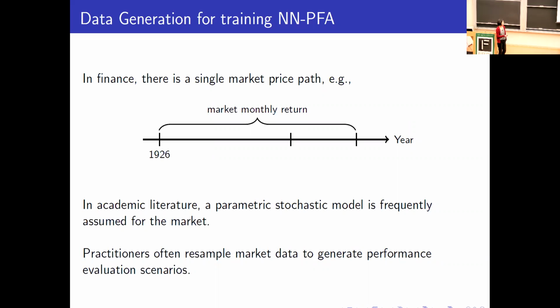So in the academic literature, we look at this optimal control problem, and typically we assume a parametric model, for example, some kind of jump distribution model, a double exponential jump distribution model, and we estimate parameters for the parametric model from this one single path. That's one way to do it, and then you can generate simulations from your estimated parametric model. Alternatively, practitioners like to use what is called resampling of market data.